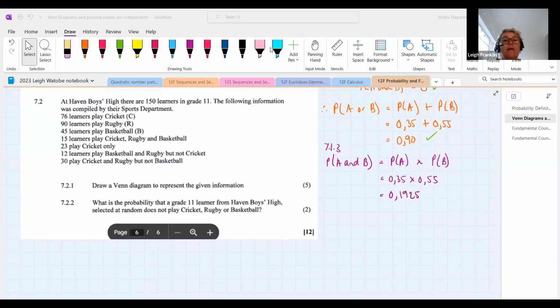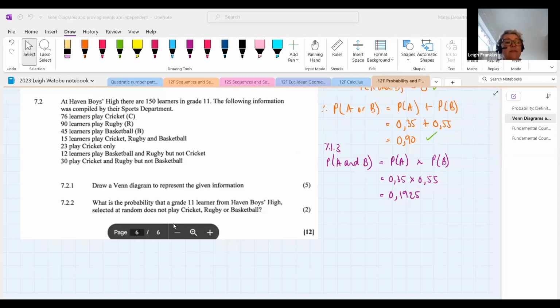So here, okay, Mamelo. In this case, they've said to us at Havens Boy High School, there are 150 learners in grade 11. The following information was compiled by their sports department.